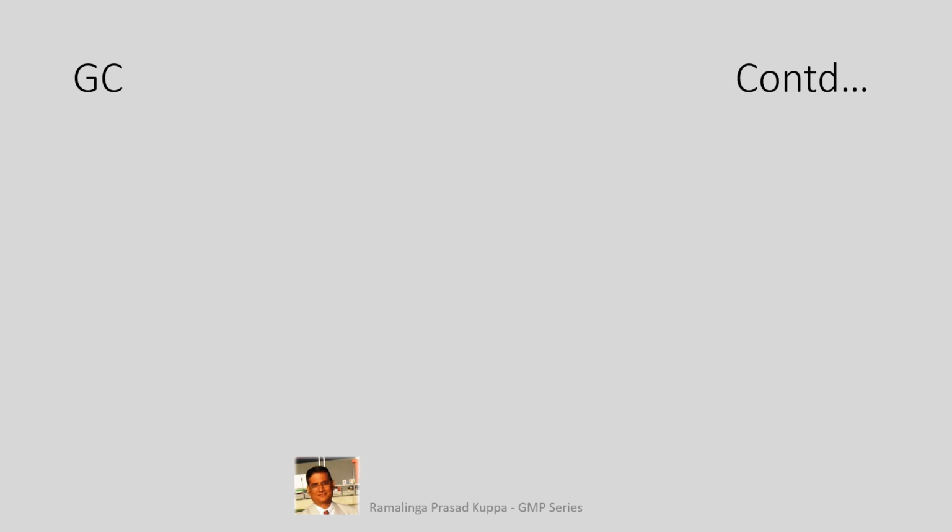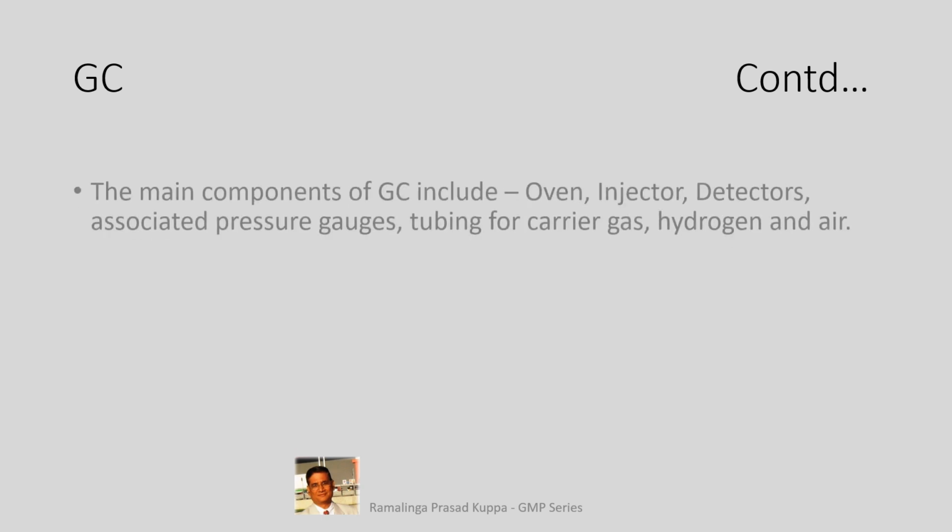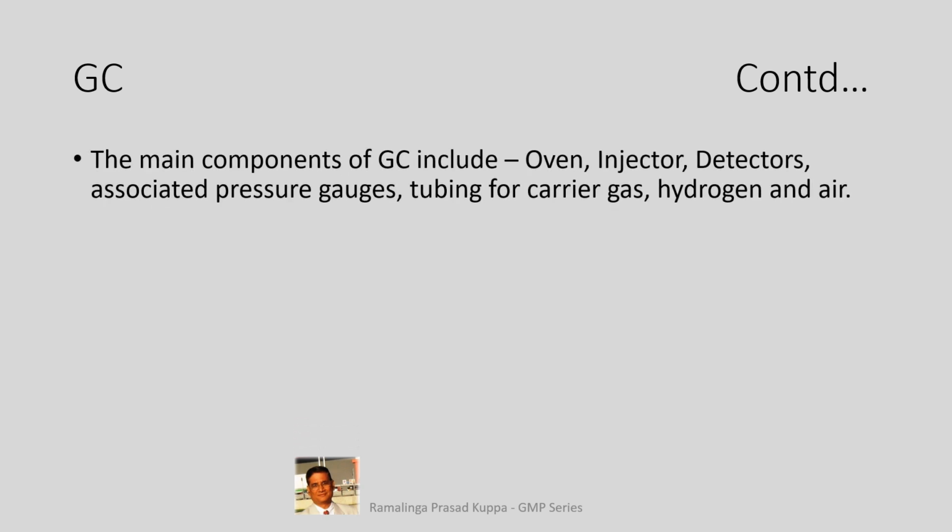Let us see the requirements for qualifying a gas chromatograph. The main components of GC include oven, injector, detectors, associated pressure gauges, tubing for carrier gas, hydrogen, and air. The main component, the oven, should have provision to fix capillary columns of various dimensions and packed columns.